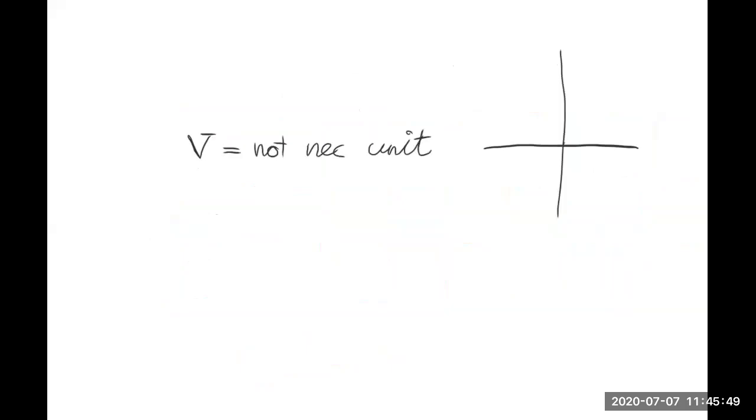Now, if we have a vector v, which is not necessarily a unit vector, just any vector. Say, this is the vector v. We know there exists a vector u, a unit vector, a vector with length 1, in direction of v.